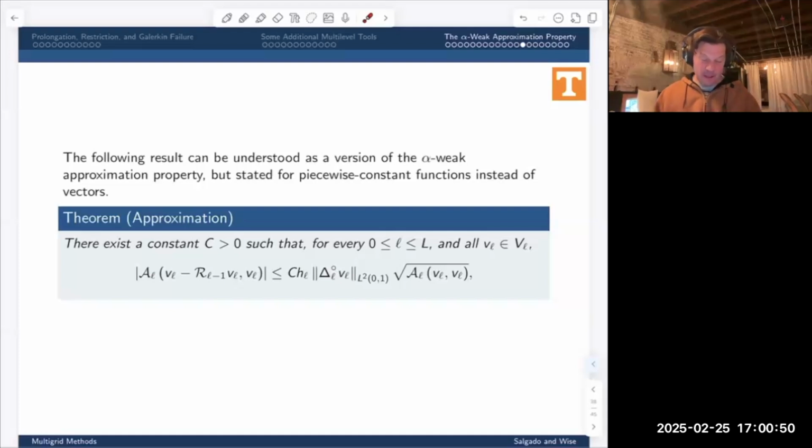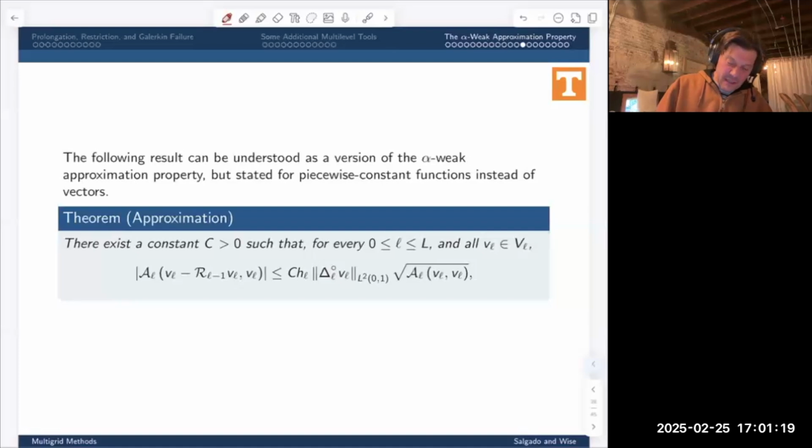All right, so if I look back in chapter 5, and specifically in section 5.9, this, when I reinterpreted it into matrices and finite dimensional stuff, is going to give me my alpha-weak approximation property.